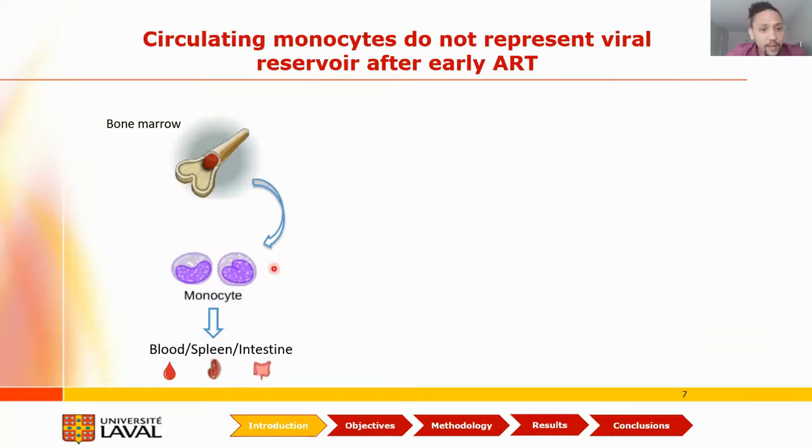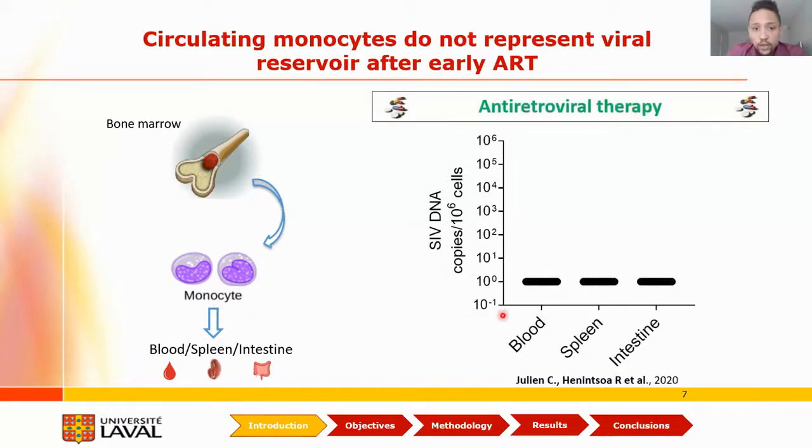They can be infected by HIV or SIV, and they are particularly present in the blood, the spleen, and the intestines. In the lab, we showed that in early ART-treated monkeys, short-lived monocytic cells do not contain viral DNA, as shown here, suggesting that they do not represent viral reservoir after early ART.